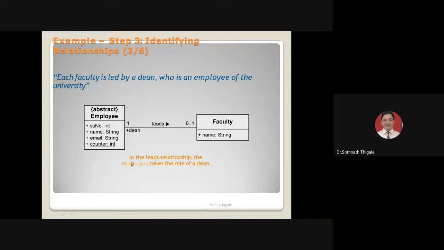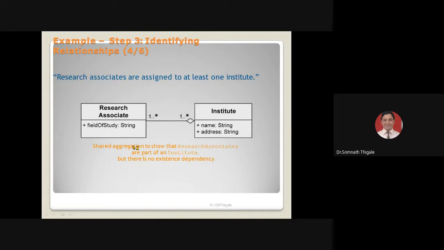Then each faculty is led by a dean who is an employee of the university. So you can discuss this. So in the leads relationship, the employee takes the role of dean. You can just read this. Again, for the field of study, you can assign the relationship as a part of research associates and their assignments.